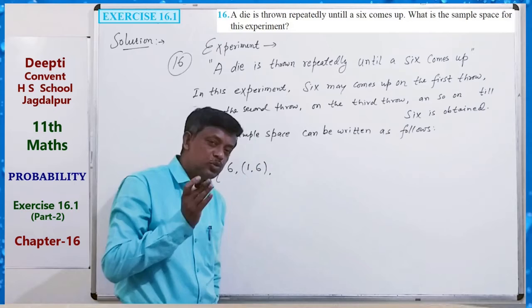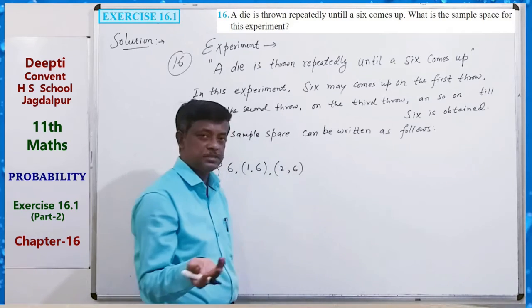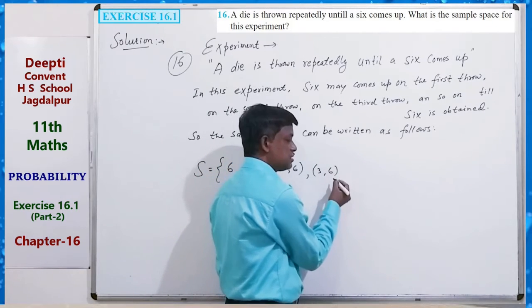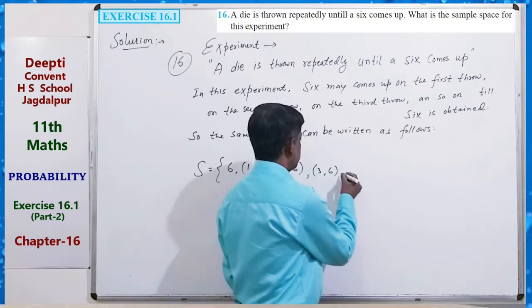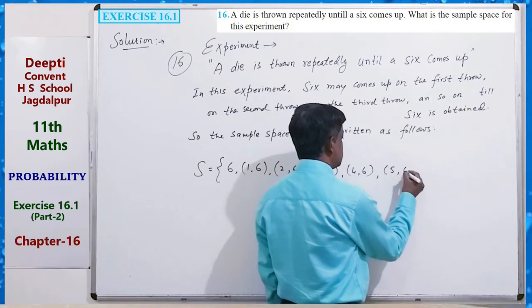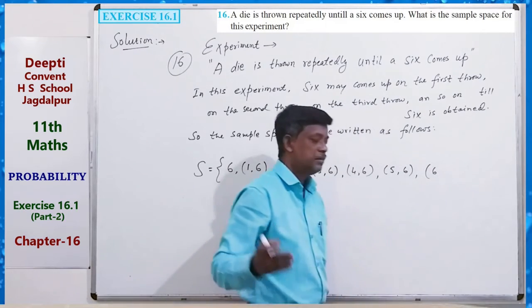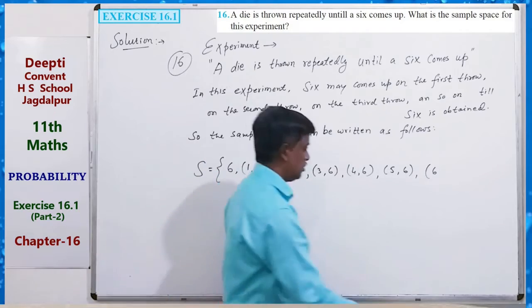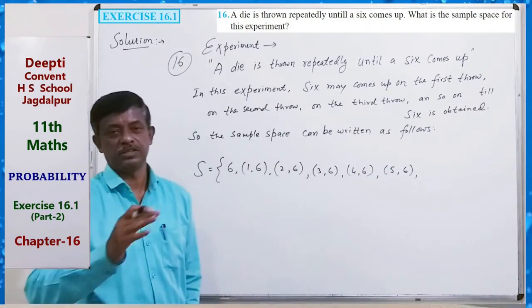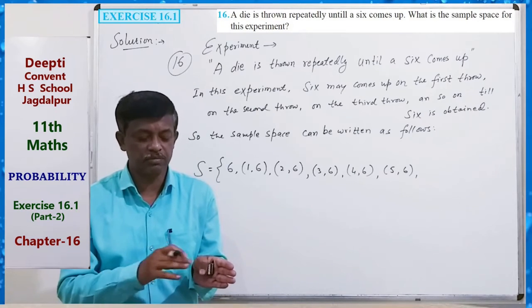If first 2 comes and then second comes 6, finish. Similarly 3 then 6, 4 then 6, 5 then 6. First 1 then 6, 2 then 6, 3 then 6, 4 then 6, 5 then 6.